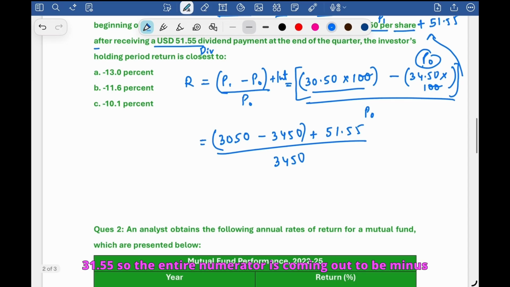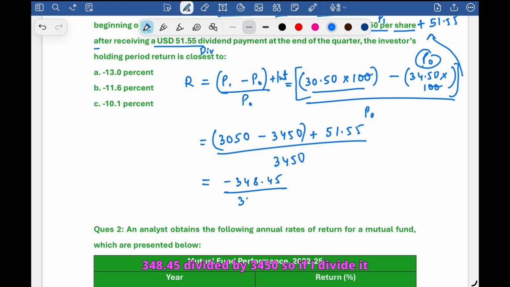So the entire numerator is coming out to be minus 348.45, divided by 3450. So if I divide it by 3450, into 100%.